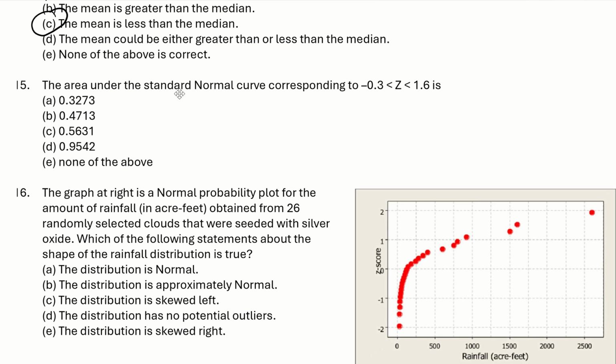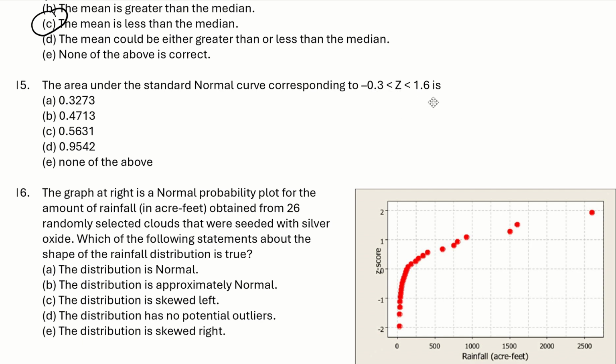Number 15, the area under the standard normal curve corresponding to z being between negative 0.3 and 1.6 is what? This one is literally just looking up on your table. So you have to look up two values of z.